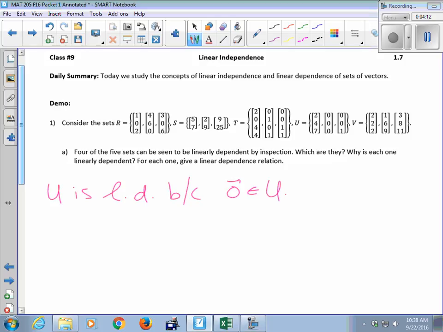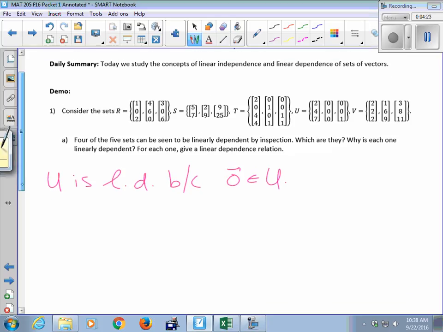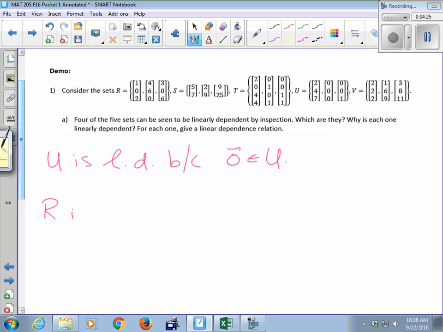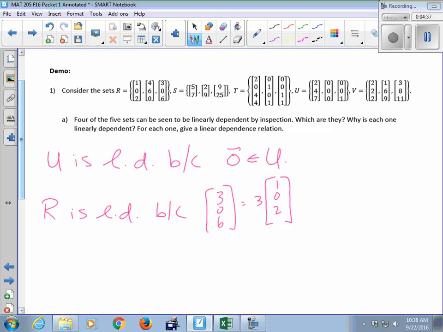Yeah, if one vector is a multiple of another. So do we have any of those up there? R, yeah. So the third vector in R is a multiple of the first vector in R. So we'll say R is linearly dependent because 306 is 3 times 102. One vector is a multiple of another.